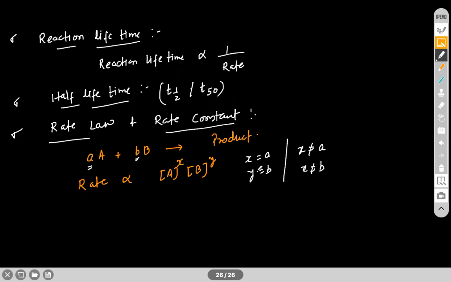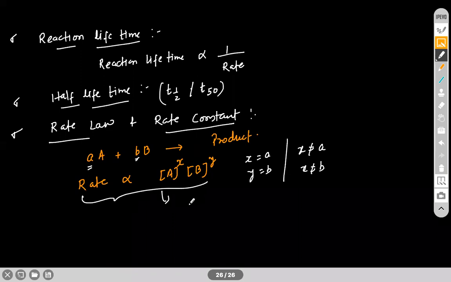So the exponent of each concentration term in the rate law expression can be any number. It can be equal to the respective stoichiometric coefficient or may not be equal to it. This expression we call the rate law expression, and it is defined at a given temperature.